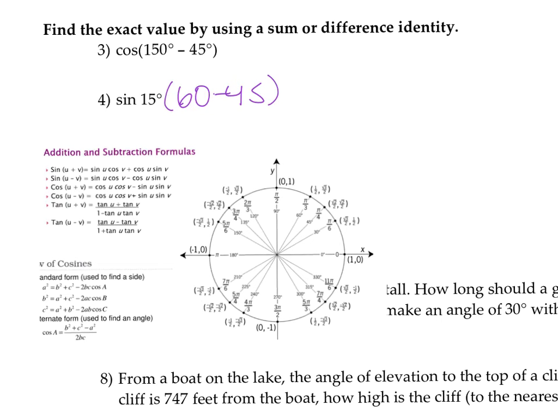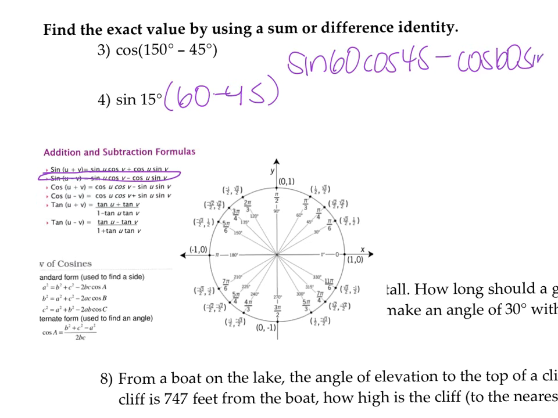So in that case, I go here for my sum and difference, sine of a minus, which would be this one, which is sine of the first, cosine of the second, and you keep the sign the same for sine, and then cosine of the first, sine of the second. Go to my unit circle, and I'm using 60 degrees and 45 degrees. So the sine, or the y, of 60 is root 3 over 2.